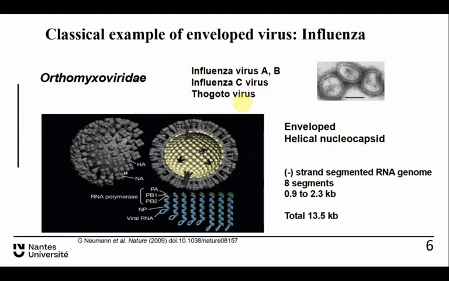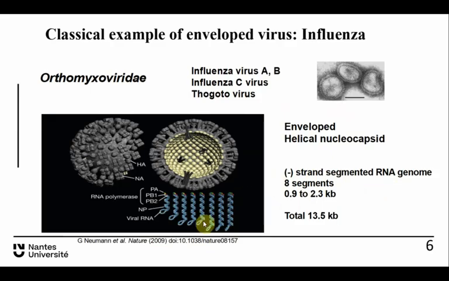So looking at the structure, the Orthomyxoviridae are enveloped viruses with a helical nucleocapsid. The genome is a negative strand RNA genome. So it's a Baltimore class 5 virus.